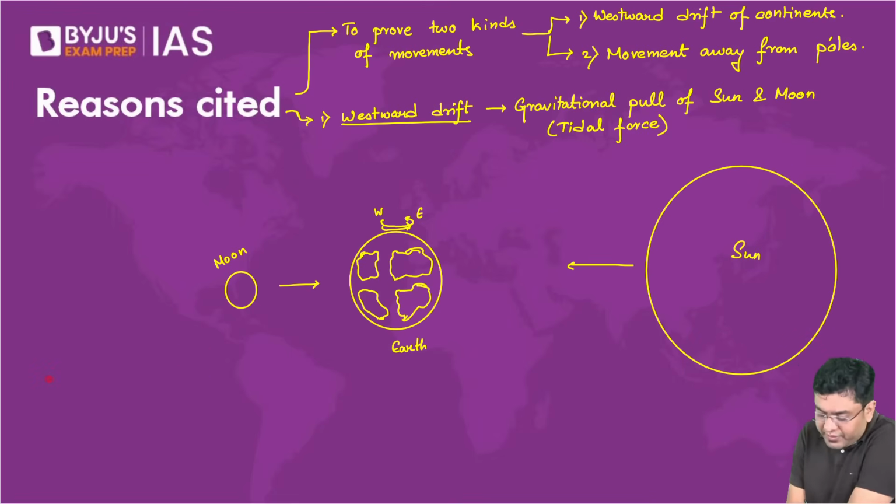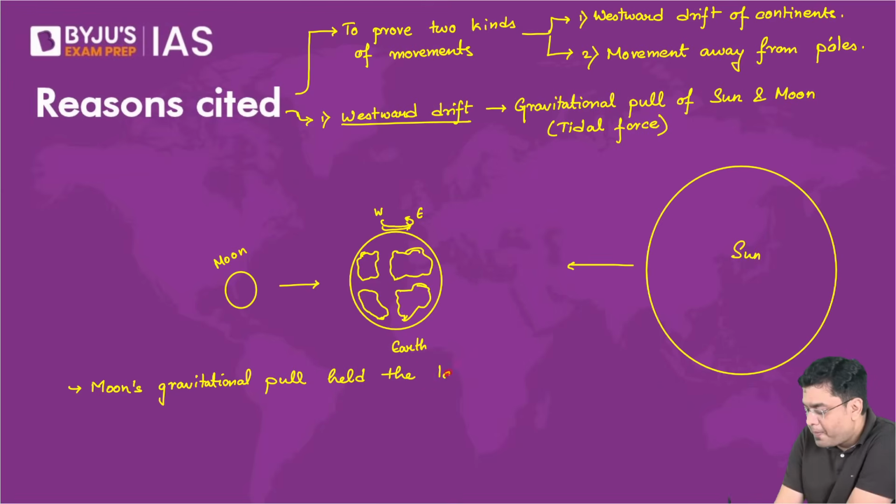So here, this was the reason. And what is it that he cited? That the moon's gravitational pull held the land masses in their place as the planet would rotate.